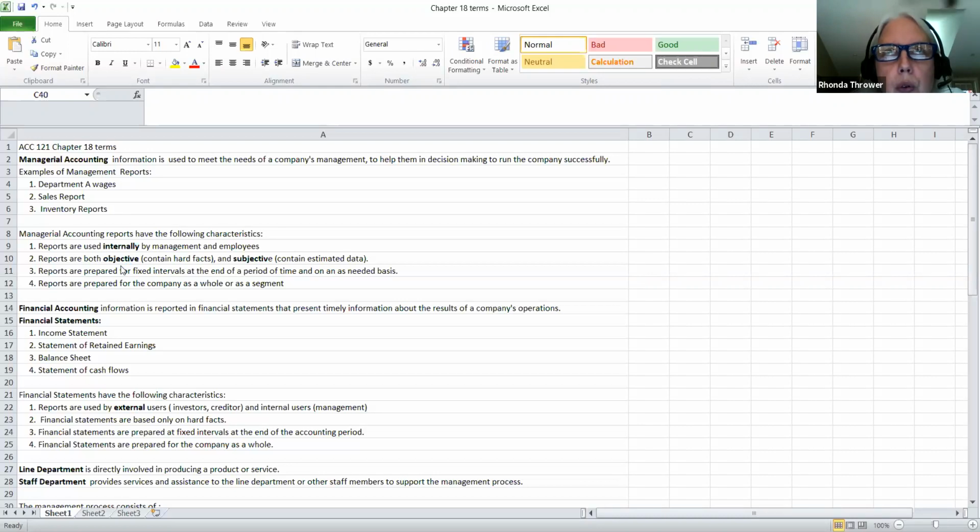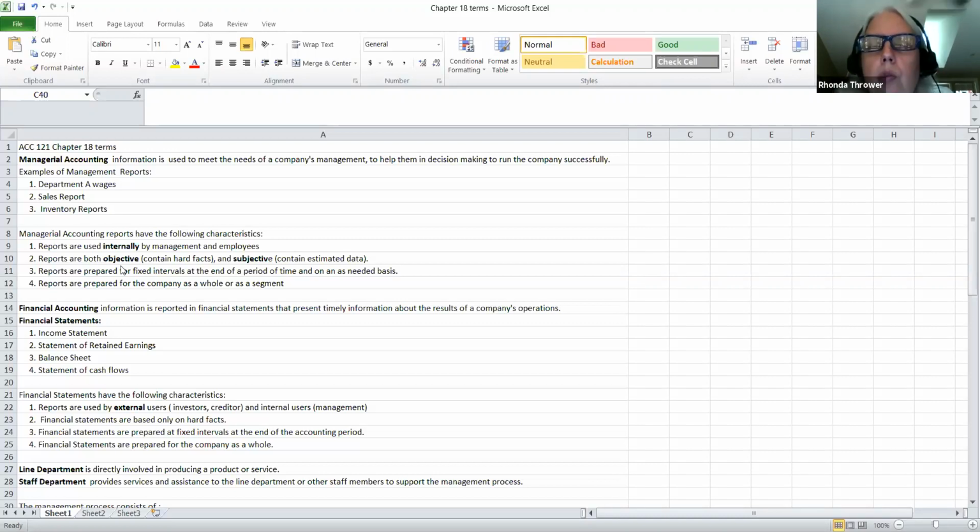And you would be responsible for doing that if you were a managerial accountant. So you don't always wait till the end of the period to prepare managerial accounting reports. But some of the reports, such as financial statements that management is interested in, have to be done for a period of time.